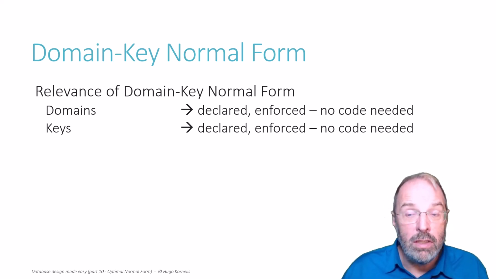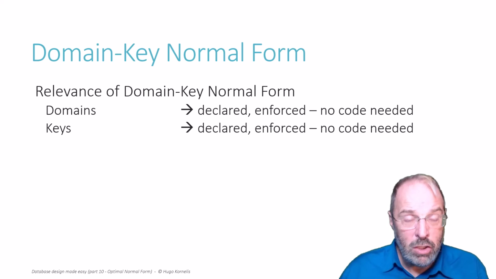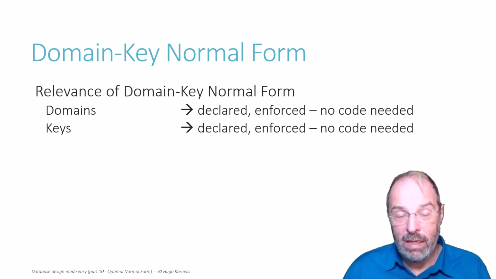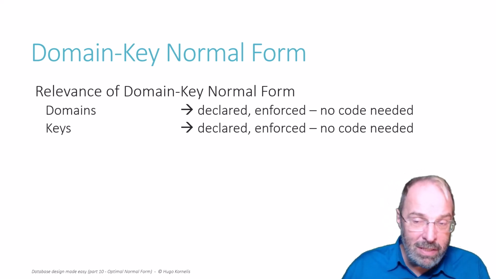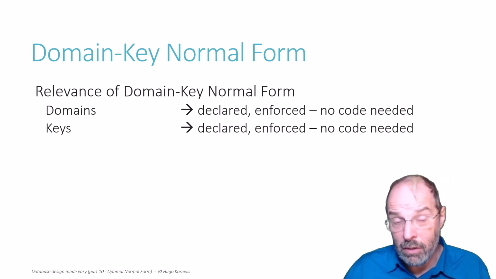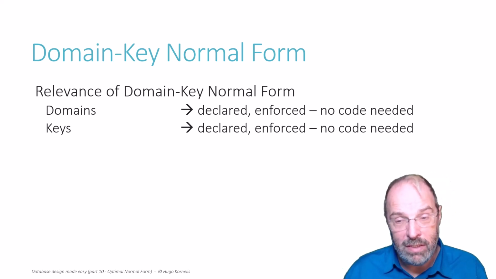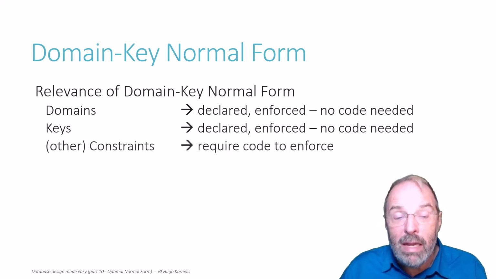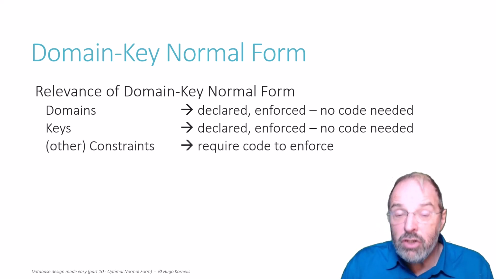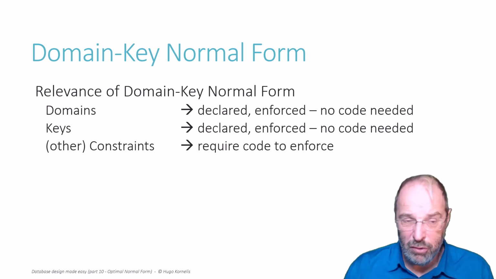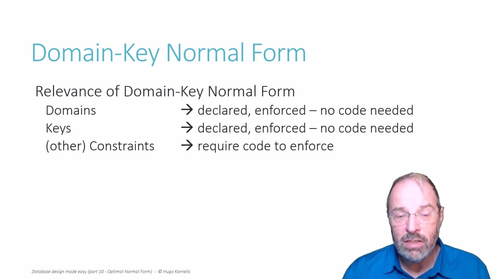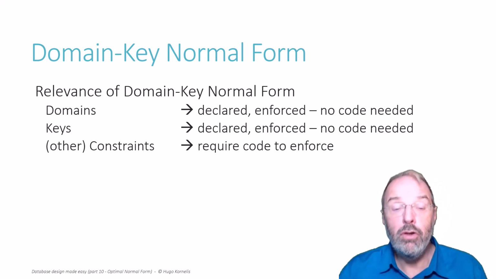We don't need code. So if you are not in domain key normal form, then that means that there are some constraints that are not implied by the domains and the keys. Those remaining constraints still need to be enforced, and because we can't do that by domains or keys, we have to write code.